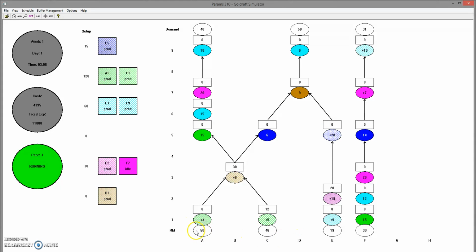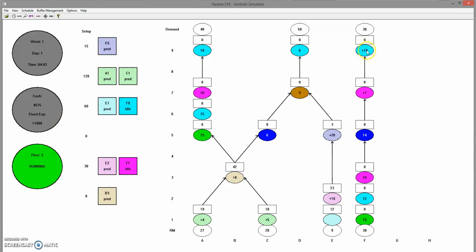Now the A's have also set themselves up and they have started working, so let them keep working. You keep an eye on this time factor here. It's running. It will run to 8 before it comes to a stop. So we still have around half of the day left of day 1.